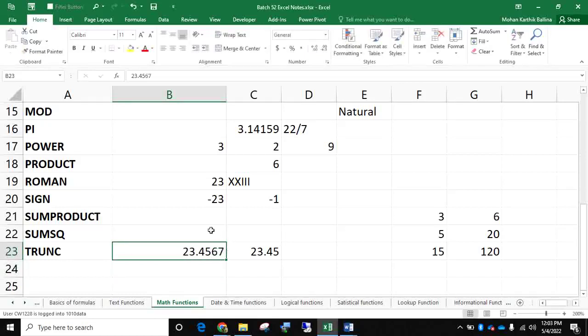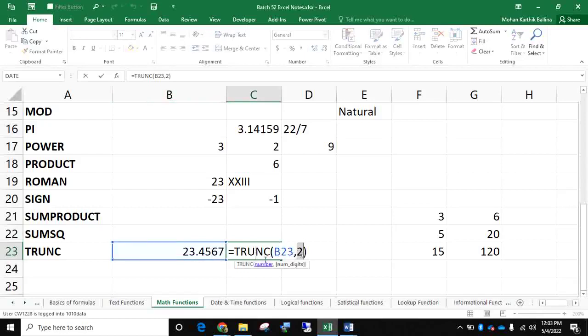It doesn't matter about rounding up or rounding down. It just removes the numbers. How many decimals you want to see? Only 2. After the decimal, it keeps the 2 digits, then it will delete all the other values.